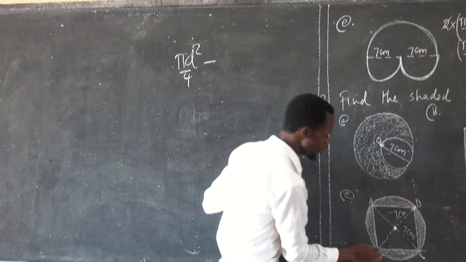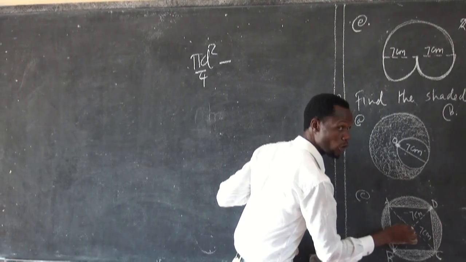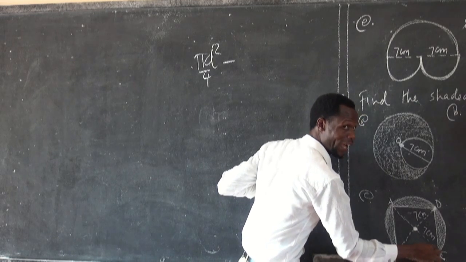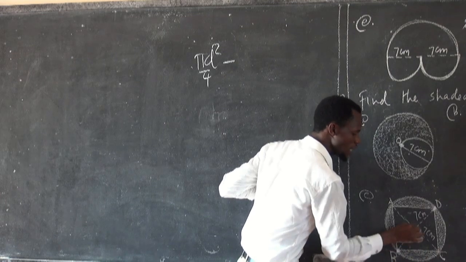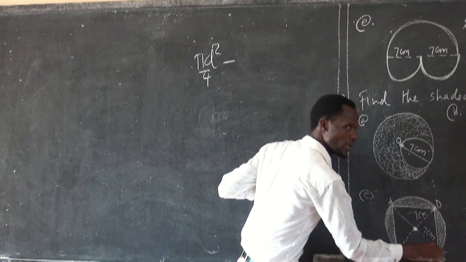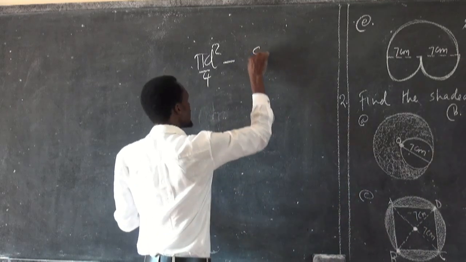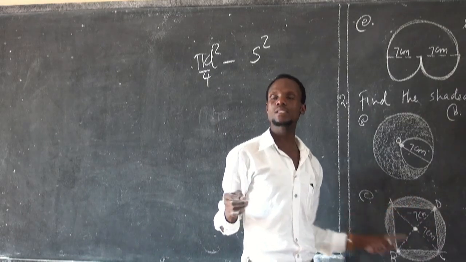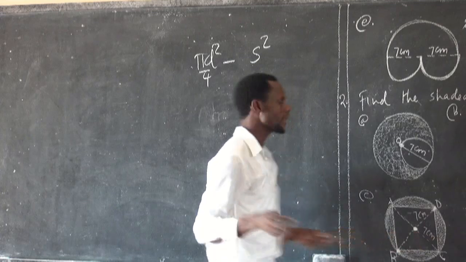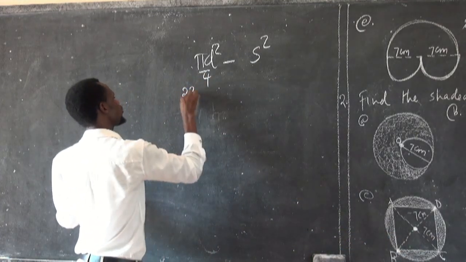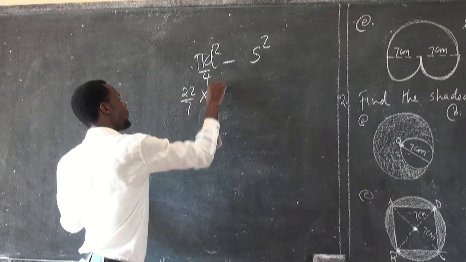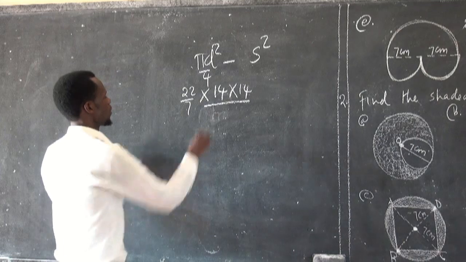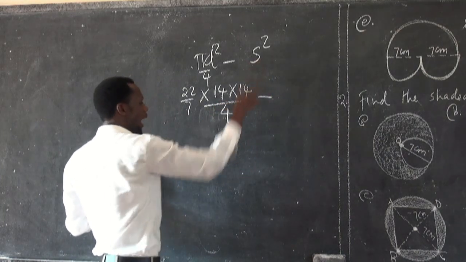The half of the diagonal now represents the side of the square. From here up to here is 7, also from here up to here is 7. Now the area of the square is side times side.